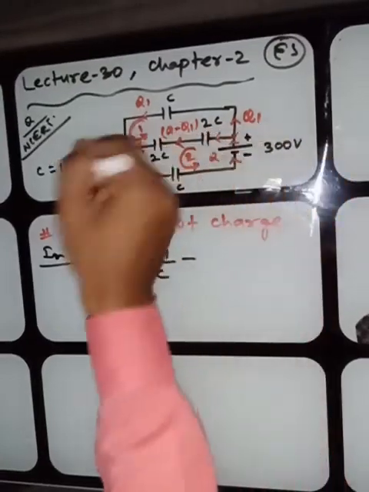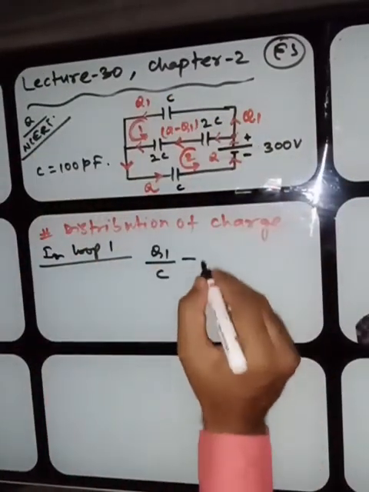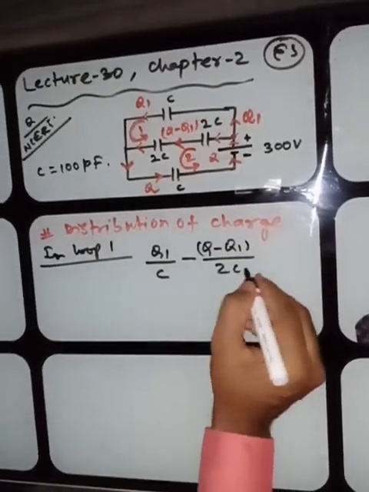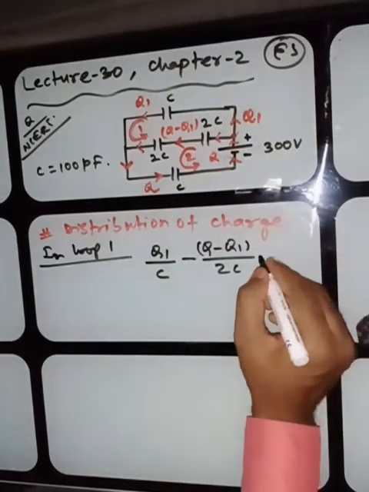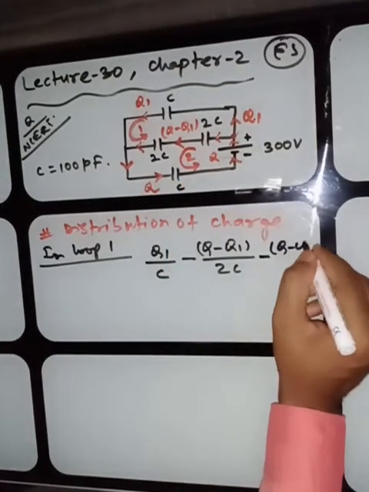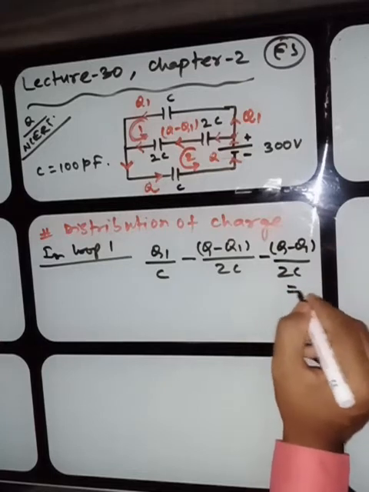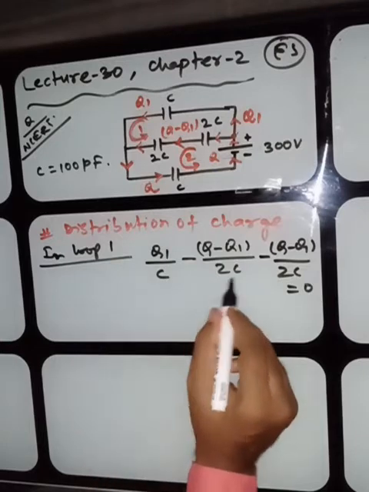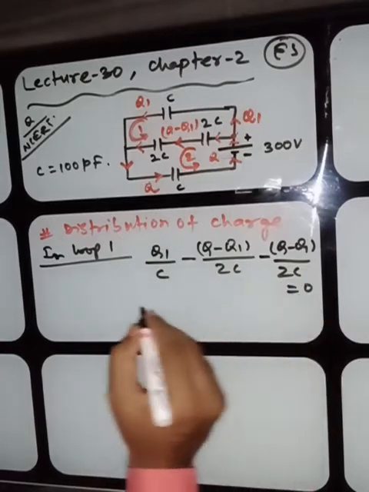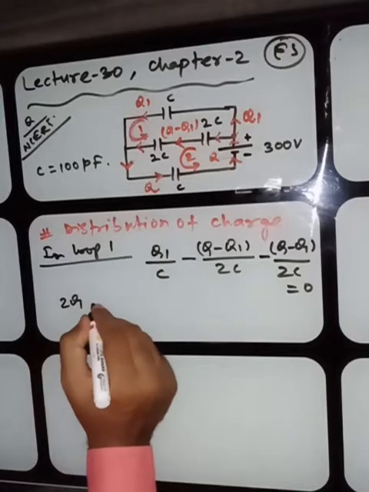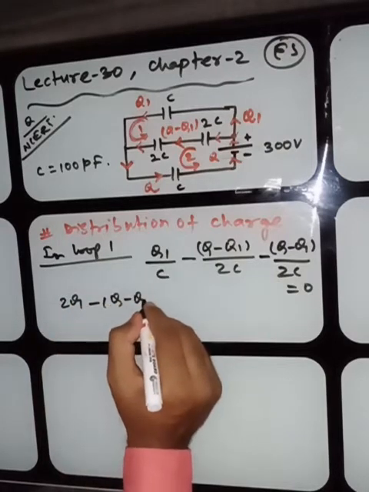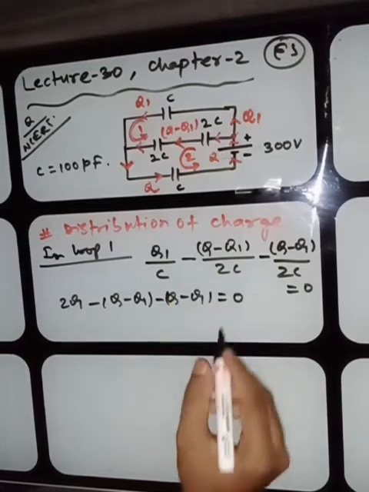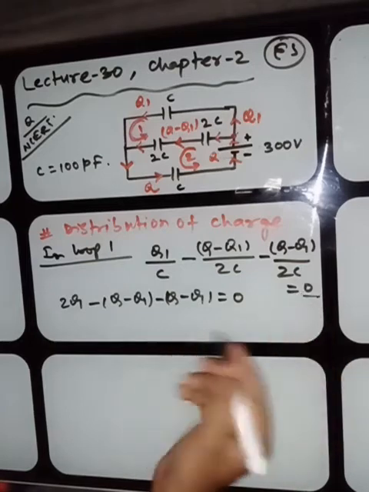Charge is coming from this direction and we are going in this direction, that's why it will be minus (Q minus Q1) divided by 2C, equals 0. Taking the LCM 2C, this gives 2Q1 minus Q minus Q1 minus Q minus Q1 equals 0.